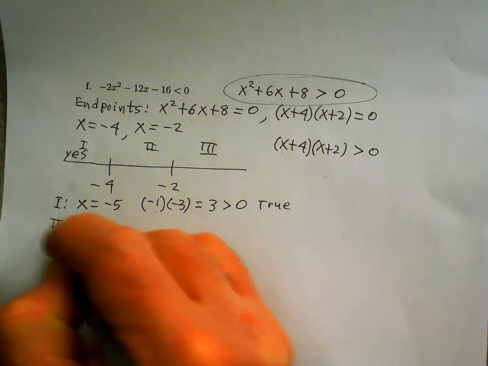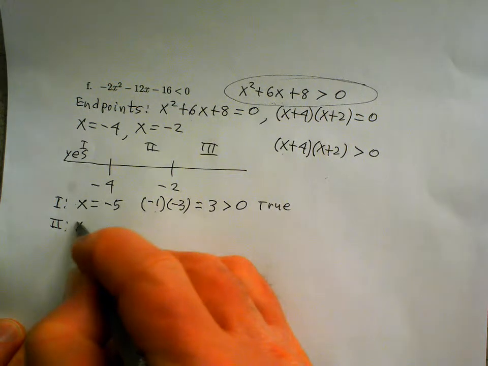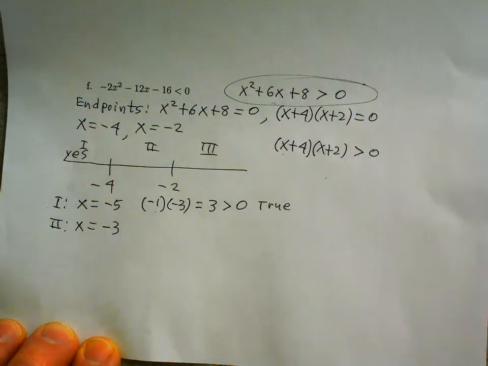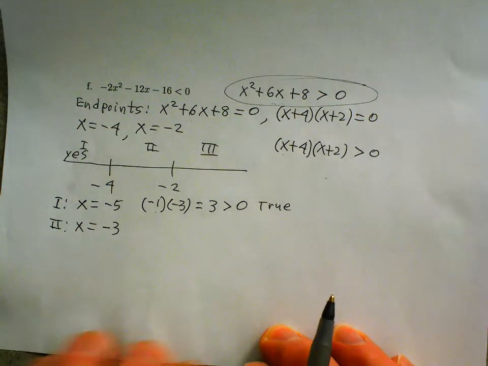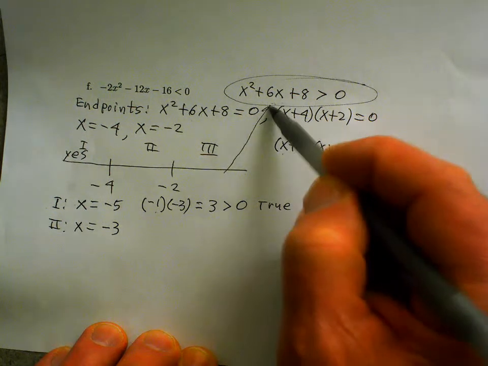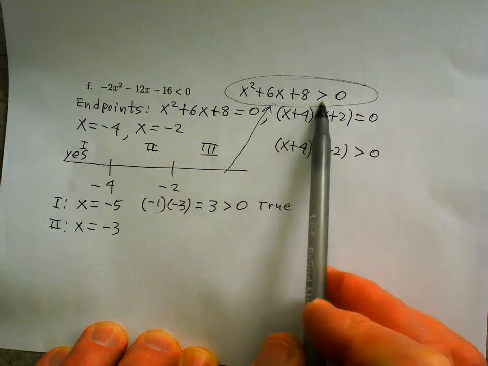In the second interval, pick a number between -4 and -2. So we can pick -3. This time I'll use the non-factored inequality up here, x squared plus 6x plus 8 is greater than 0.